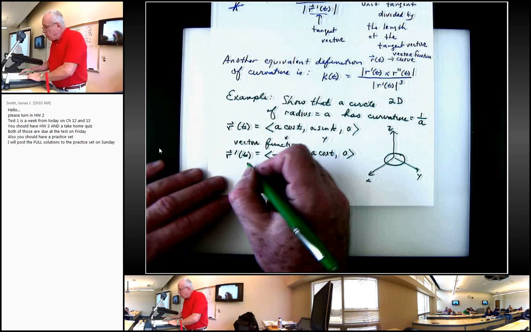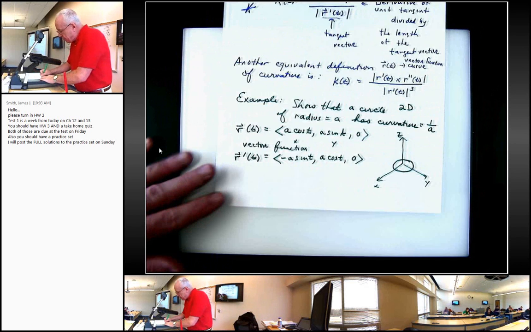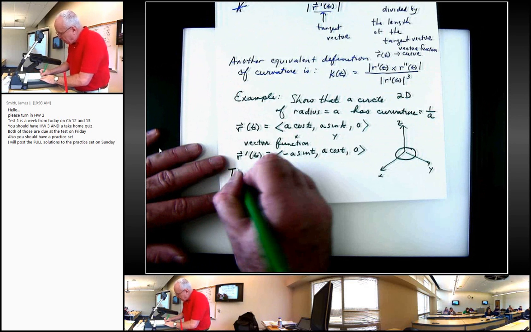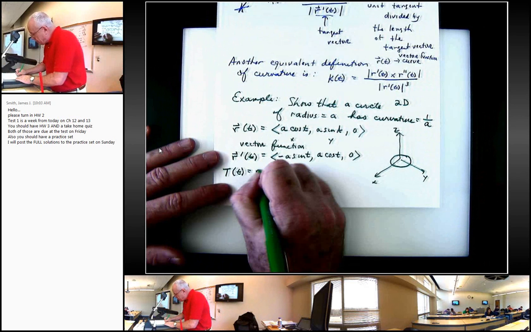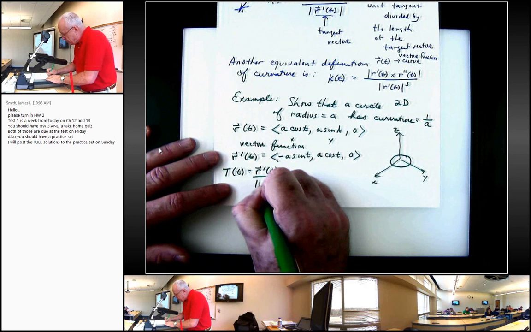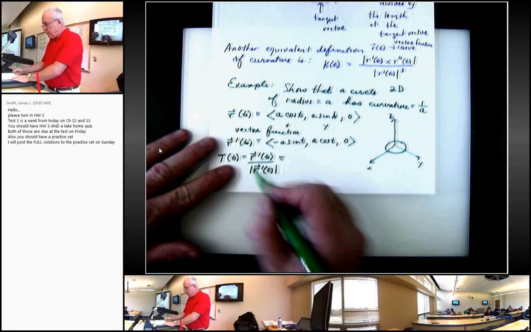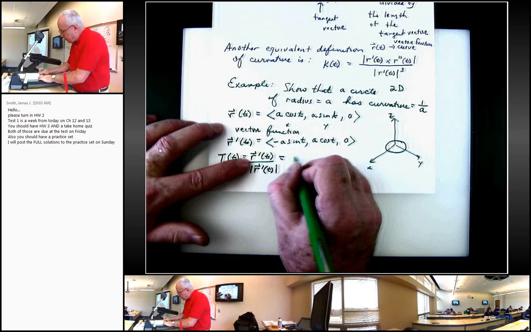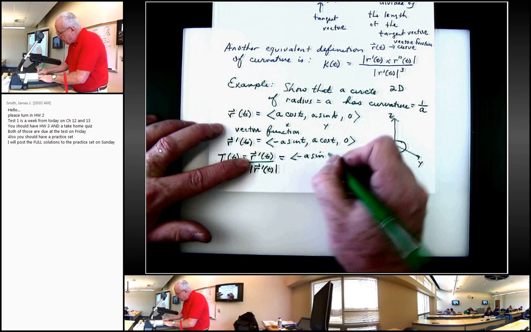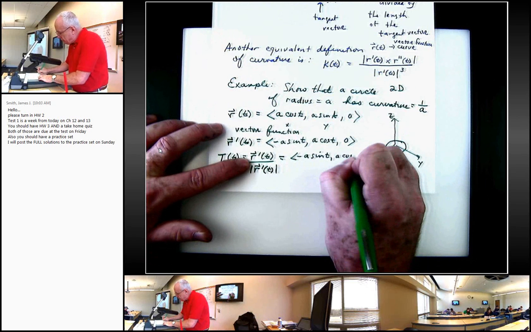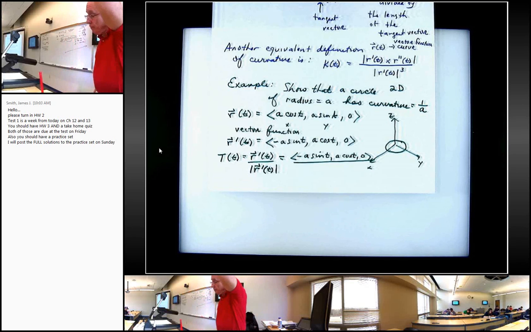Now, we want to use this formula here, capital T prime of t. Remember, T is equal to the vector function r prime divided by its magnitude. So what do we have here? Our vector function is minus a sine of t, a cosine of t, and 0. But what is the magnitude of that vector function?